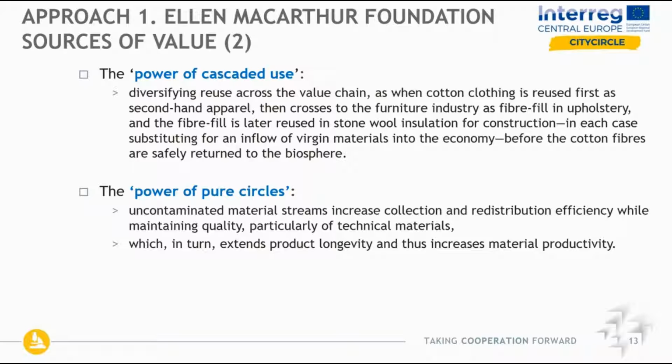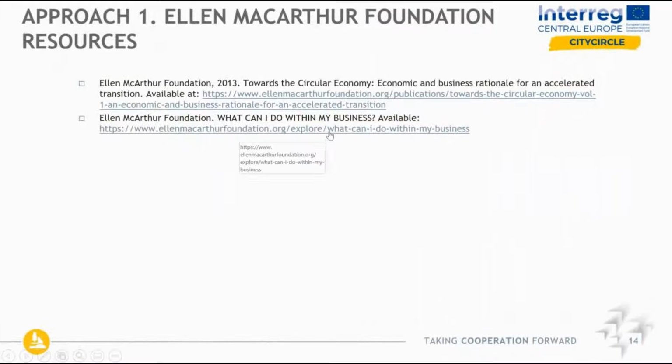And the pure cycles, which is the full recycling of the materials. So you have product longevity, material productivity, which is also a source of value. So those are four basic sources of value to be considered from the perspective of businesses in this model.